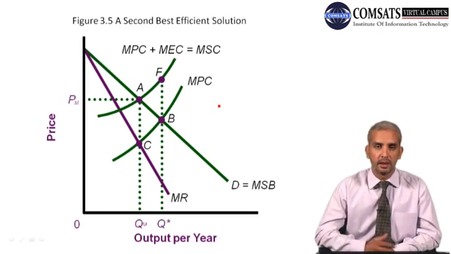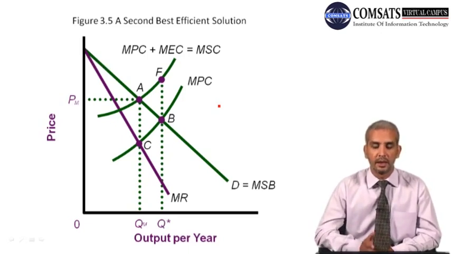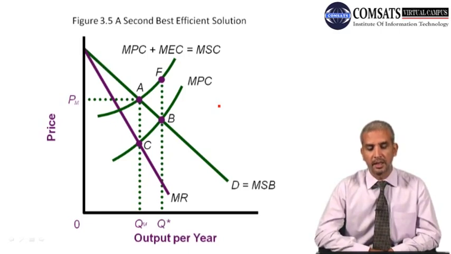But then we find out that it is polluting in the environment. So at this point, it is producing a negative externality, which when accounted for is equal to the triangle area AFB, which is not efficient. So what we need to do again is to reduce it to the level where the point of intersection is represented by A.